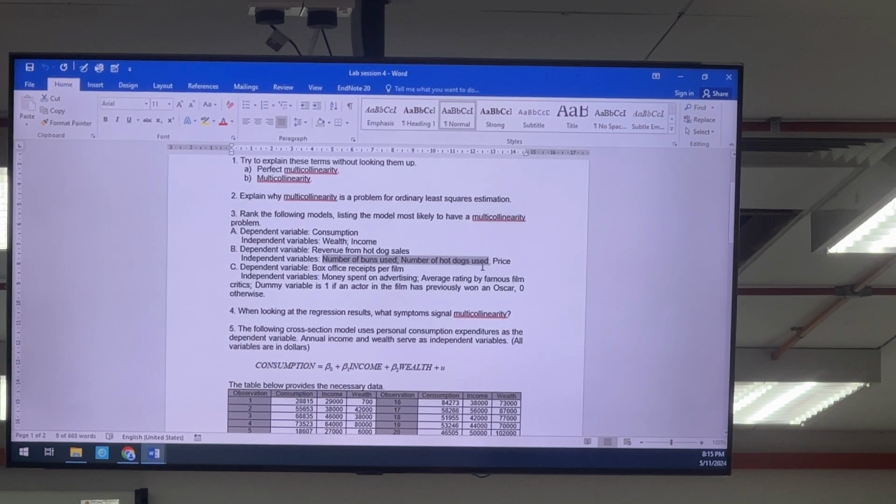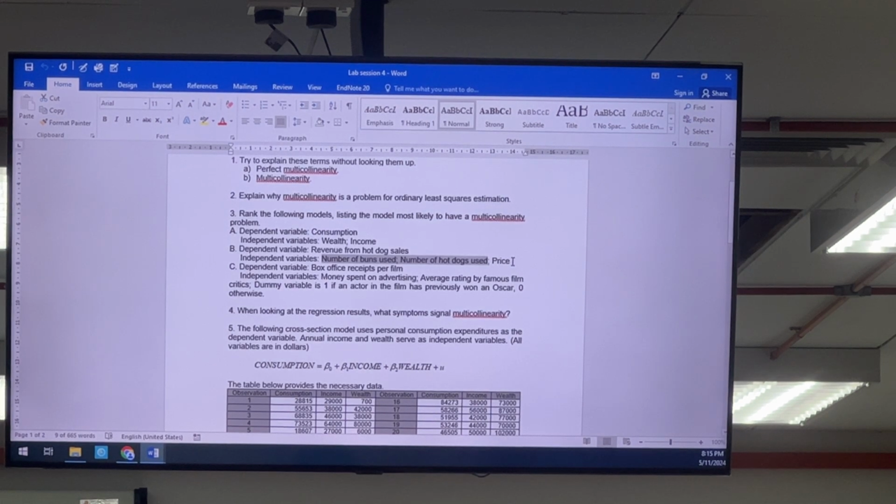For model B. Model C, dependent variable. So price is not really a problem. It is possible, but not perfect, because the more buns, the higher the total price.